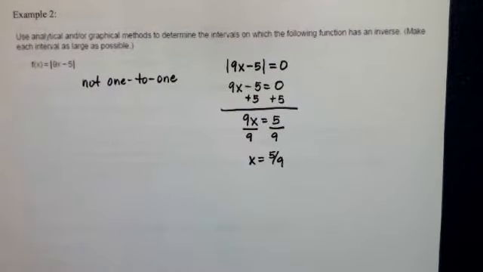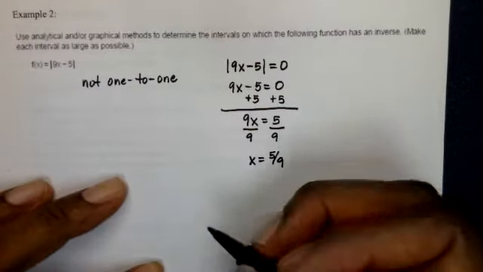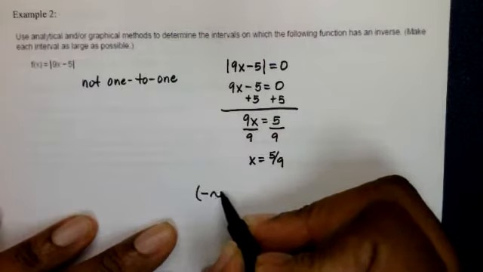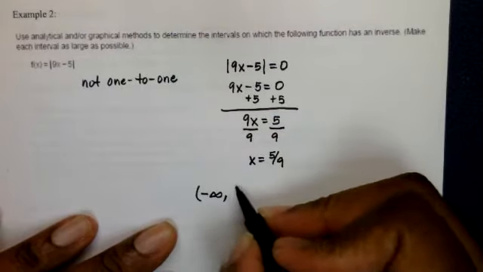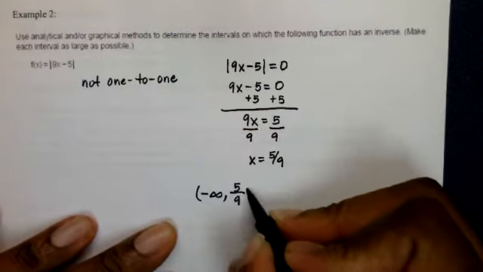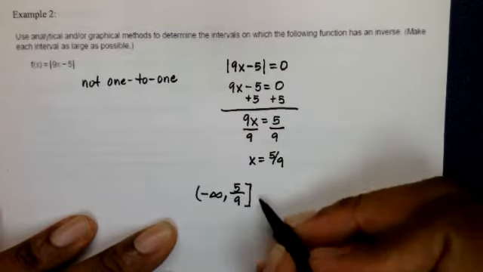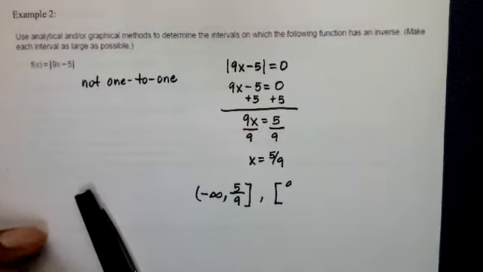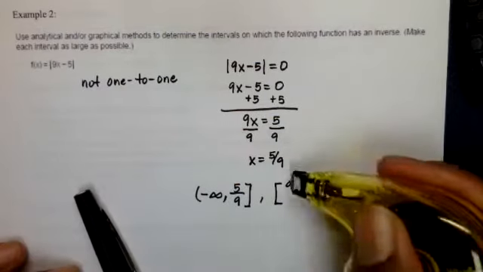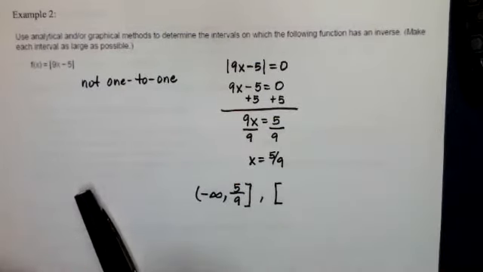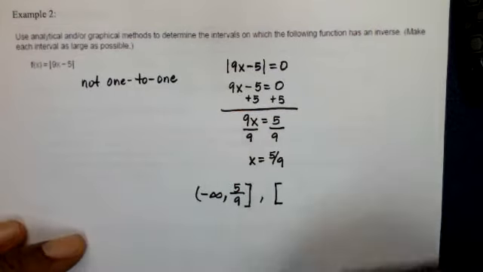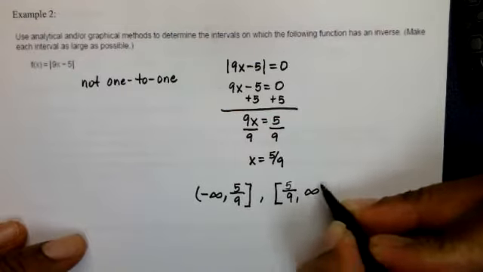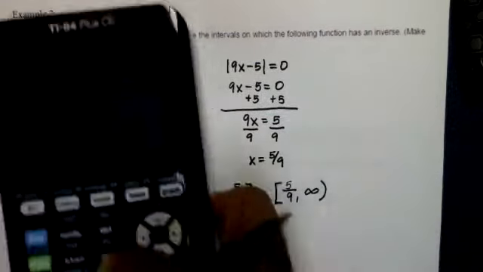But if we take it piece by piece, to the left of 5/9, we would have just a plain inverse function. So from negative infinity to 5/9 would work. And then from 5/9 to infinity would work.